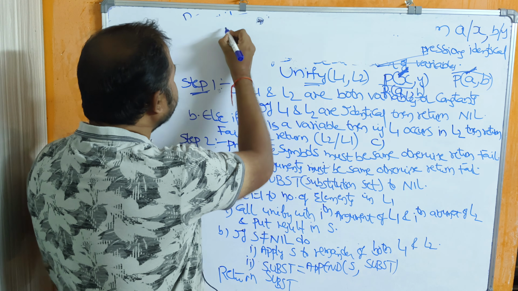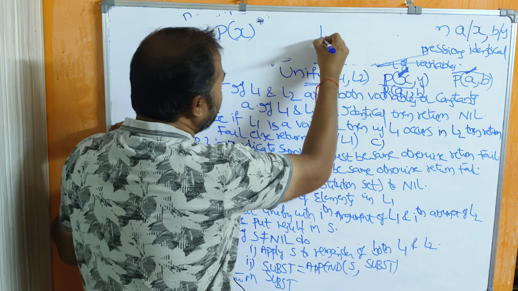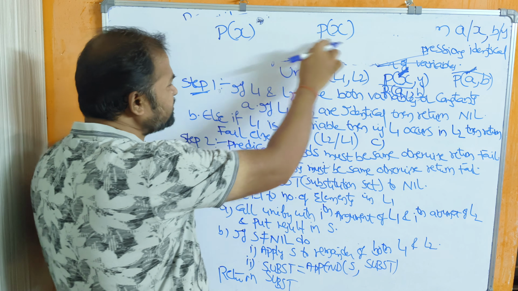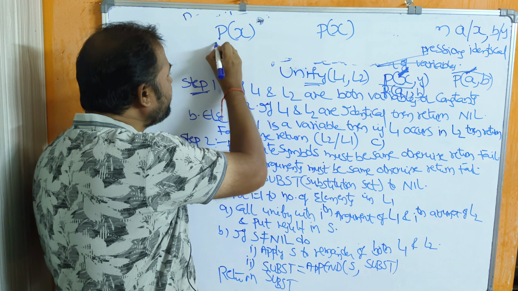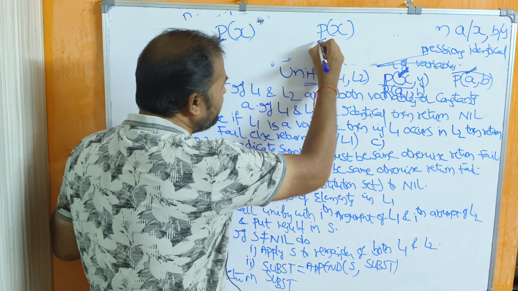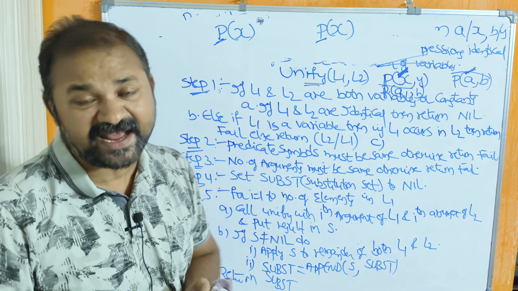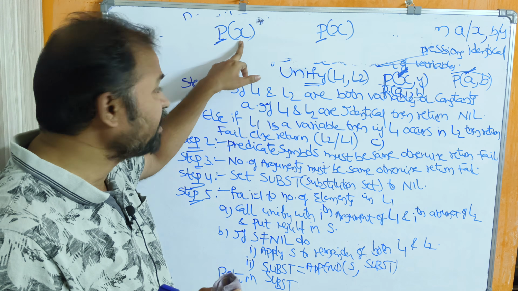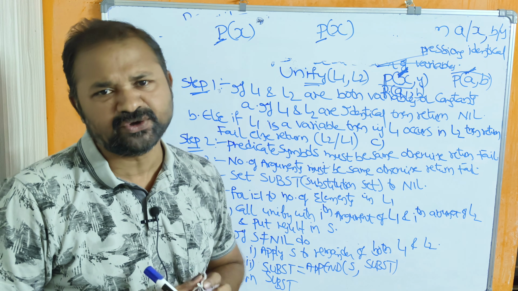Let the first expression be P of x and the second expression be P of x. The predicate symbols are both P, and the number of arguments is the same, one argument each. So we can do the unification.